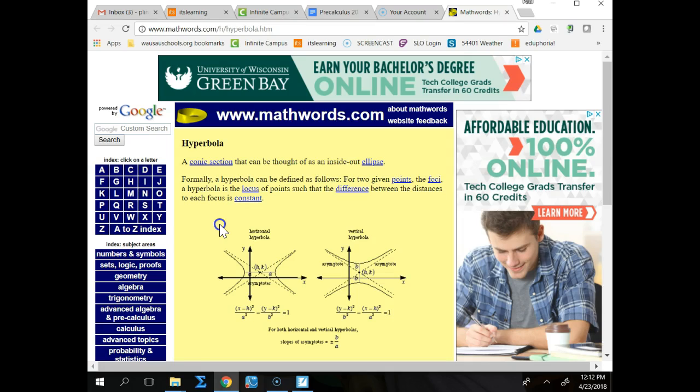In a hyperbola, that distance we're going to subtract. So the difference between the two distances is constant.